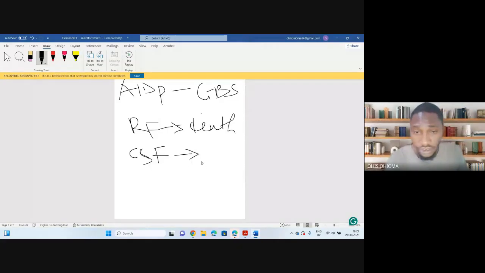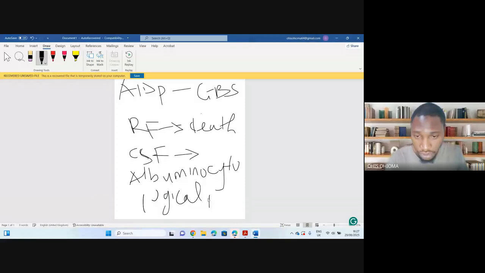And then what you see on CSF is something known as albuminocytological dissociation, right?